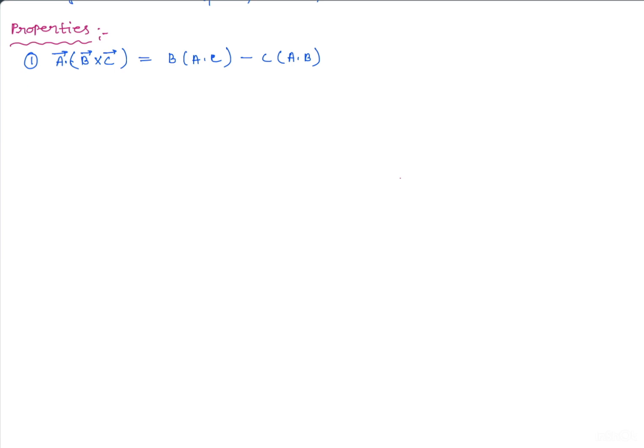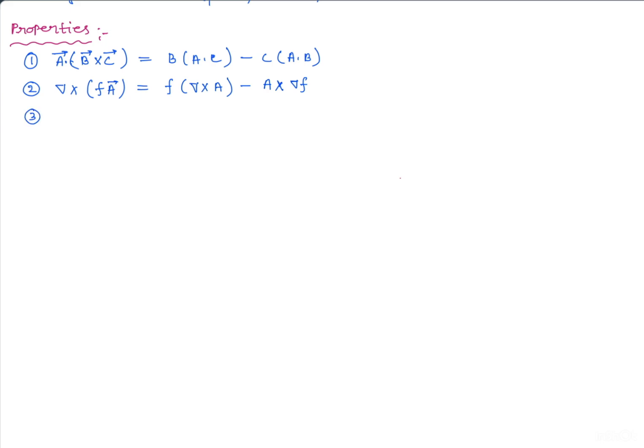Number 2, curl of the product of a scalar into a vector will be equal to scalar into curl of A minus A cross gradient of f.